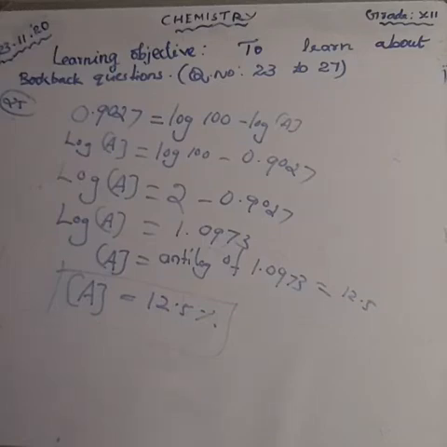This is one of the questions. A zero order reaction is 20% complete in 20 minutes. Calculate the value of the rate constant. In what time will the reaction be 80% complete? So here we first calculate the rate constant for the reaction.